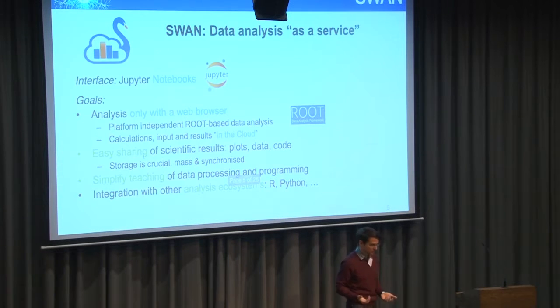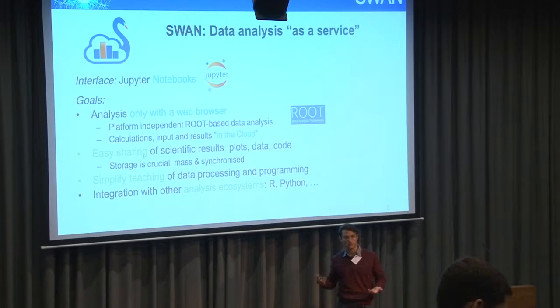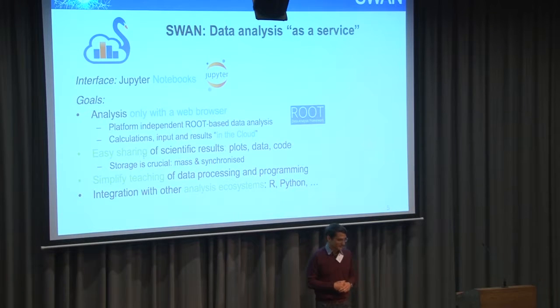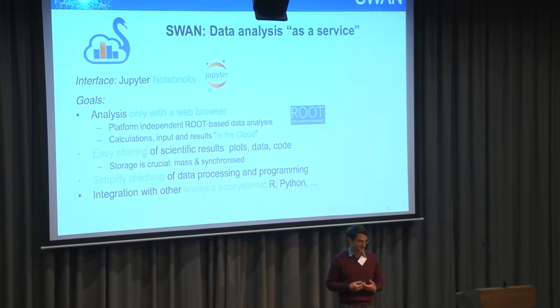And this is actually SWAN. SWAN has an interface with Jupyter Notebooks; it is a service that provides you with notebooks on demand, let's say. And the idea here is that only with your web browser you connect to a server and you do your data analysis. You can do platform-independent data analysis with Root.